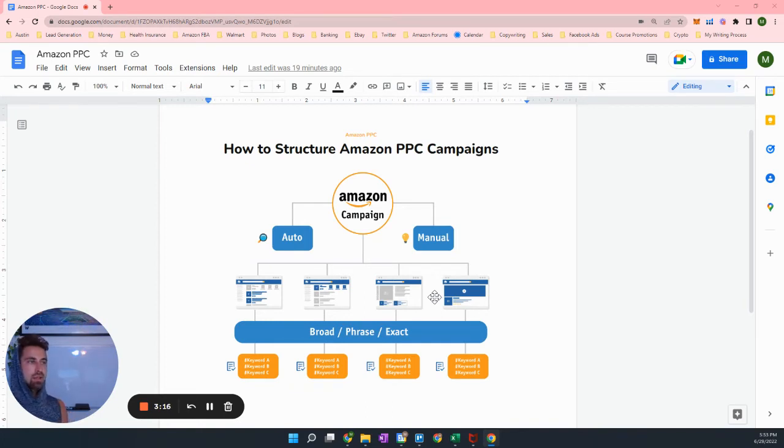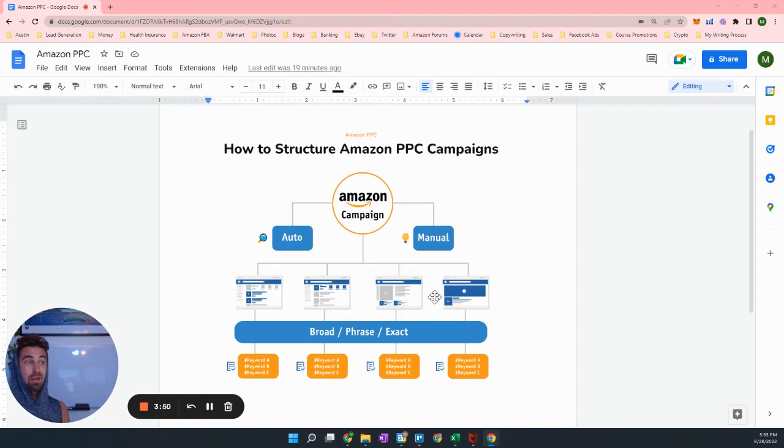It's cool, especially when you're doing phrase and exact, you want to be very specific. Broad, you can get a little less specific. The way broad works is if we take the term screwdriver, it's somewhat of a combination between a manual and an automatic campaign, because the algorithm itself determines what is relevant and related broadly to the target that you have, and we'll have you show up for that.